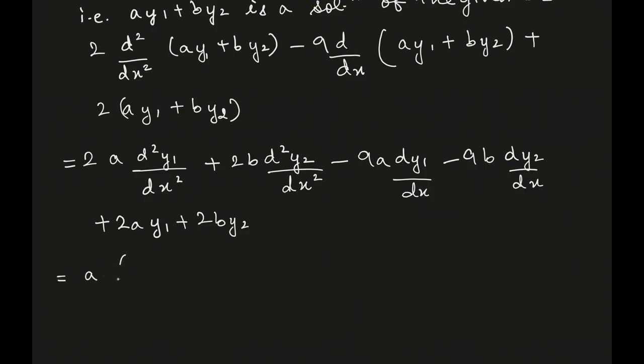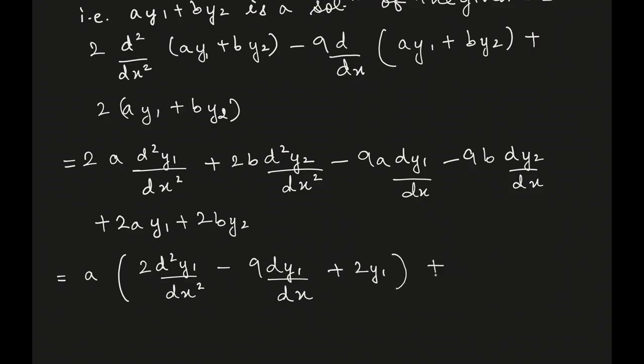Now I can take a common and write 2 d square y1 upon dx square minus 9 dy1 upon dx plus 2y1, plus b common 2 d square y2 upon dx square minus 9 dy2 upon dx plus 2y2.